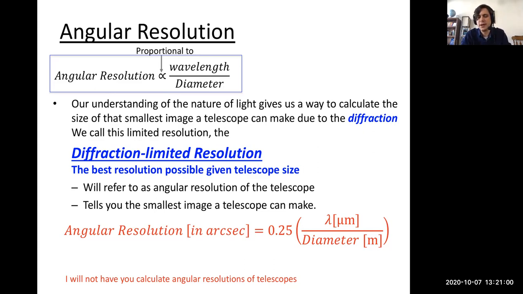You can preserve a lot more detail. So instead of always saying diffraction limited angular resolution, we usually just say angular resolution of a telescope. And it's really telling you the smallest image a telescope can make. If you can remember that point, then this becomes a little bit easier to handle.